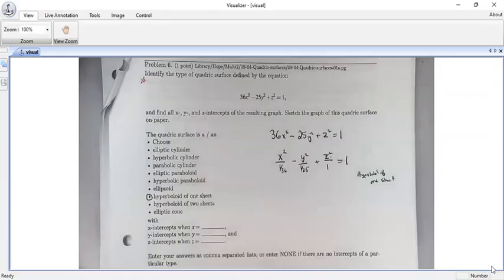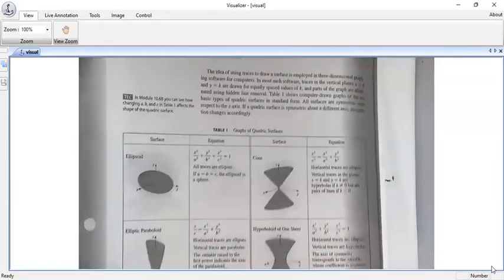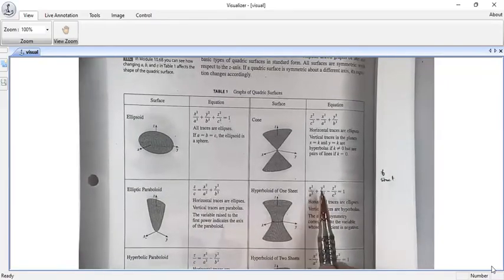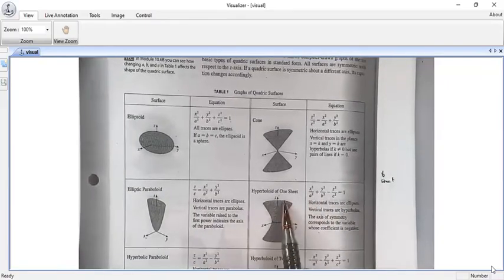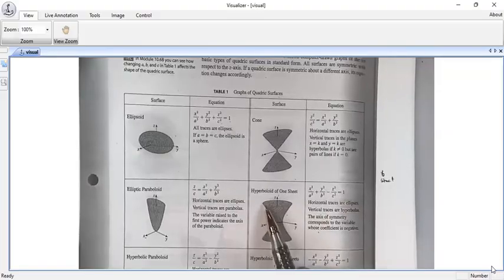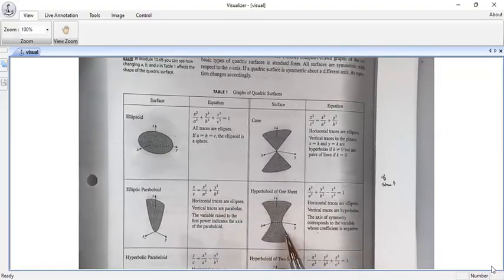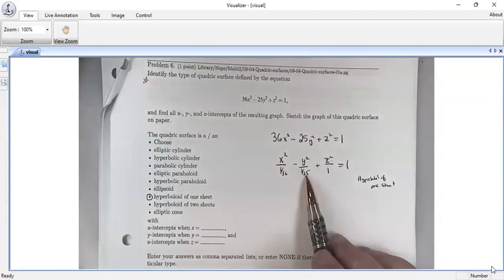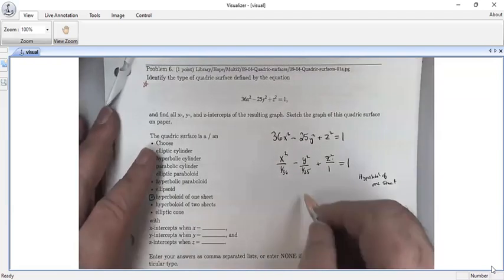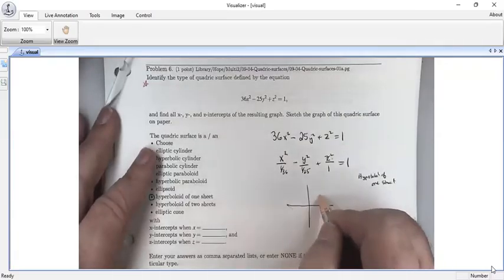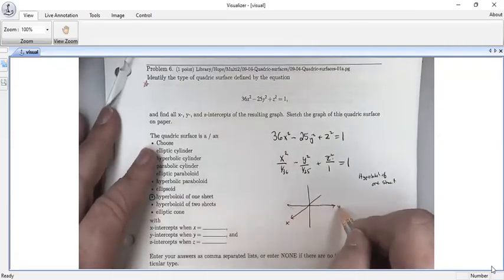Now, with that, again, this one right here is x squared plus y squared. That gives you the ellipse, and the minus z squared makes the hyperbolas this way. What are we doing here? We got the minus y squared. The x squared and the z squared are positive. So if I was going to get a general shape of this guy, again, I'm not going to be more specific.